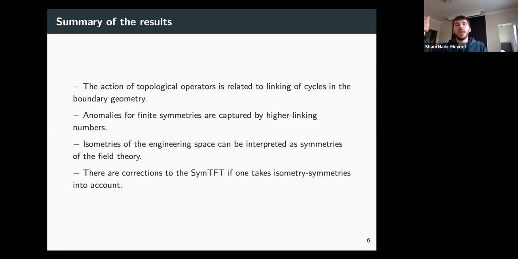On top of that, I will discuss how isometry, an ingredient that so far has been neglected in this context, can play an interesting role in further understanding how the geometry encodes the symmetry of a quantum field theory. And finally, on this note, I will make some less refined comments on some future perspective of better understanding this relation between isometries and SymTFT.